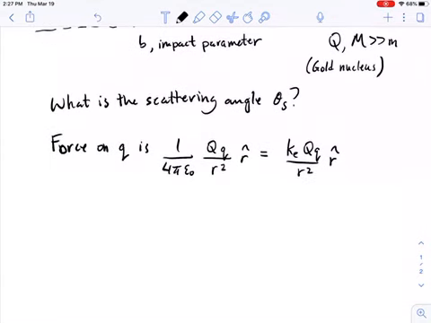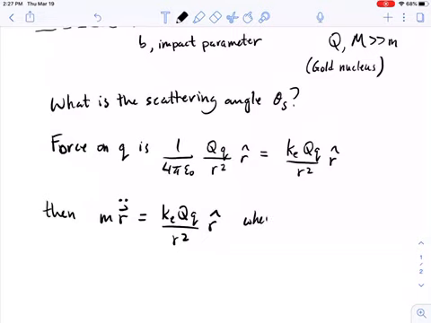Okay, so then Newton's second law says that mass times acceleration, which is m r double dot, is just equal to that net force, and there's only one force on our alpha particle, like so, where the position vector r is just equal to r r hat.